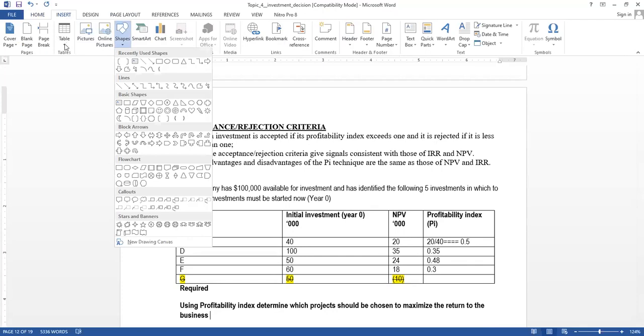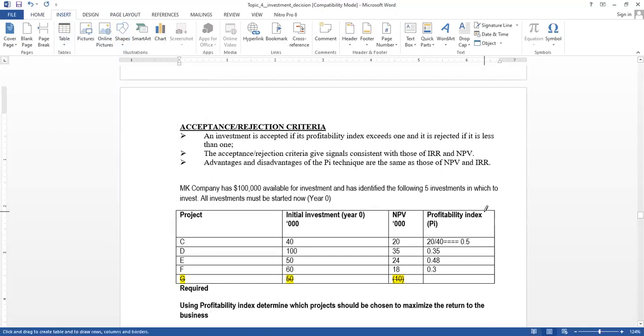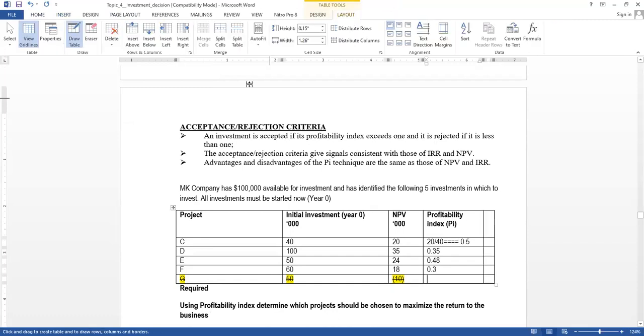So if I give them a rank, the one with a higher PI will take the first rank. So that means this is going to take the first rank, and this one will take the second, this one will take the third, and then this one will take the fourth.